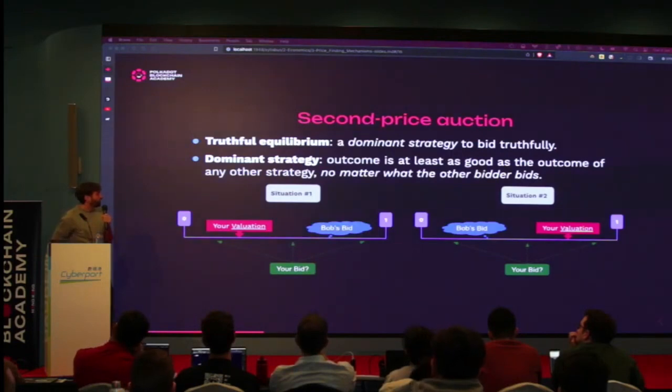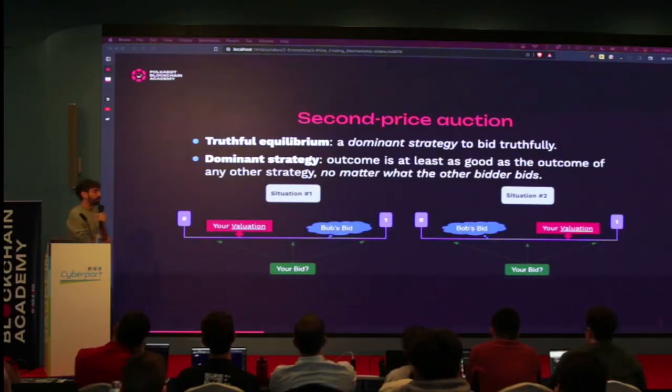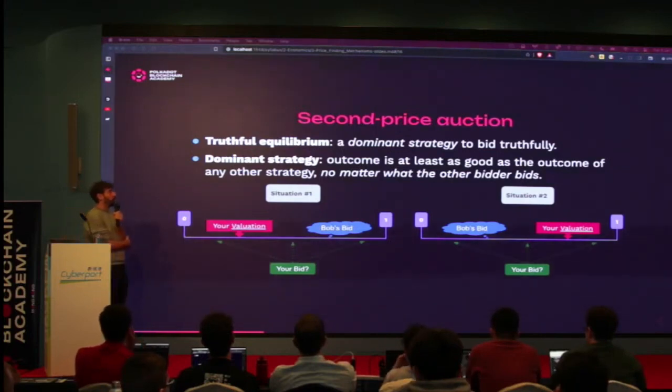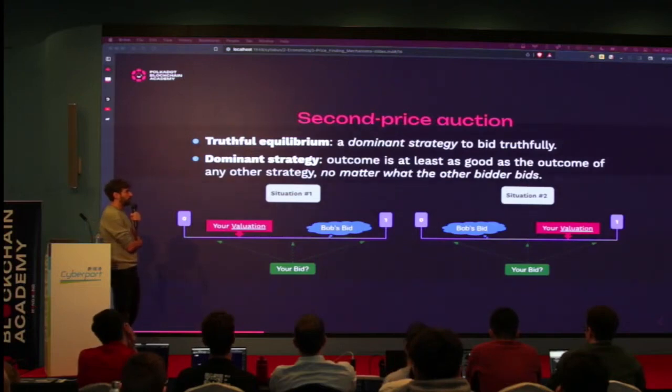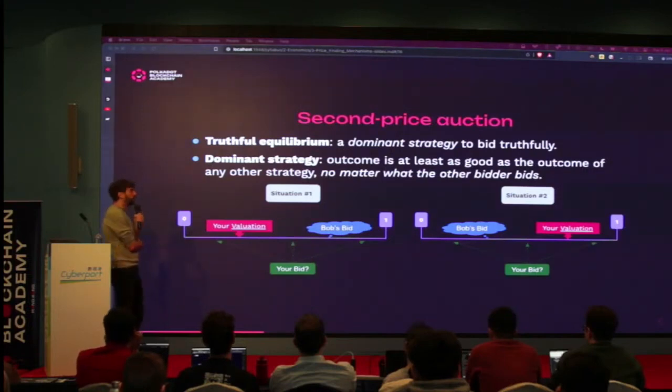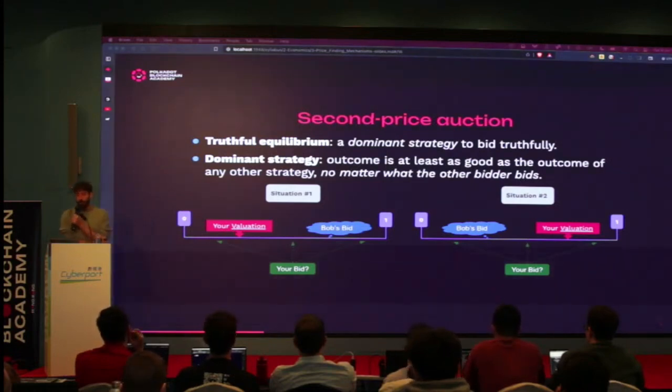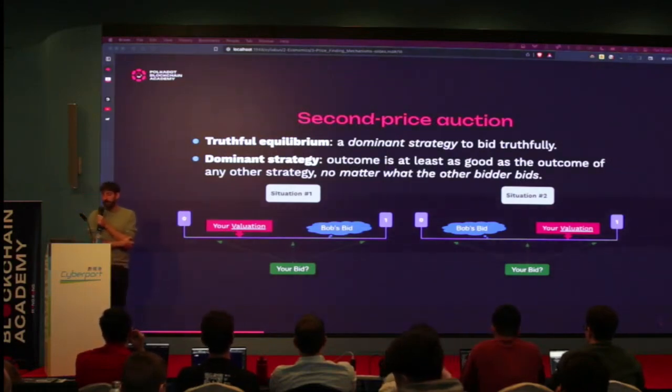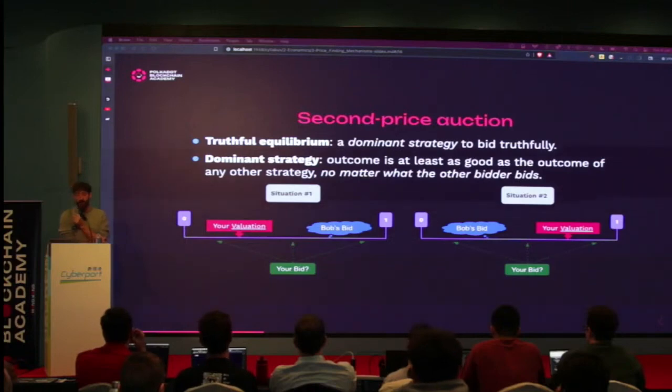So let's look intuitively at the second price auction. There we can say that there's a truthful equilibrium where it's a dominant strategy. So it's even stronger than just a Nash equilibrium. It's a dominant strategy, so you don't even have to care about what other people do to bid truthfully, to bid your valuation. And when we look at this situation, we can immediately say that you should never overbid, right?